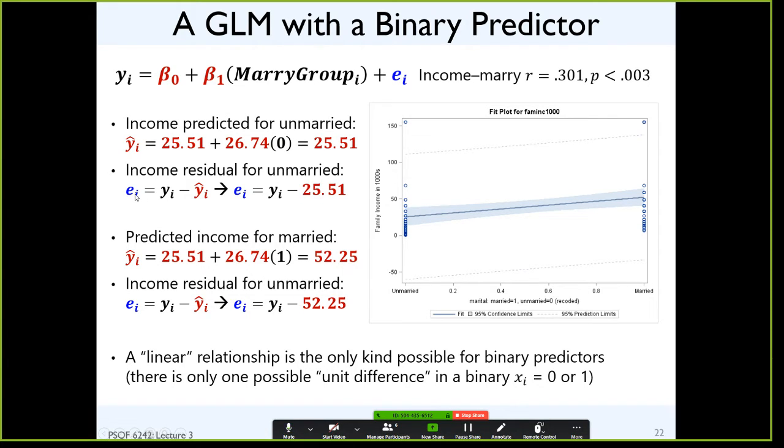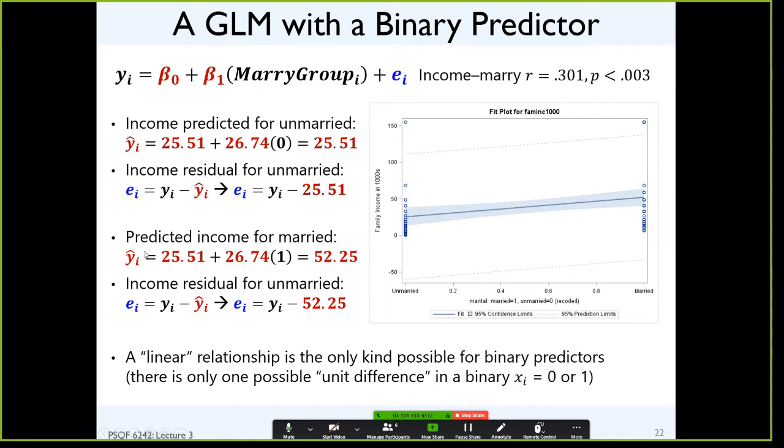So e then, residual, deviation, offness, it's the income you actually had, Y sub i, minus the one that was predicted for you by the model. So any person who has a status of unmarried would have the same formula here for their Y hat, Y sub i minus 25, and then the e would be whatever the difference is remaining relative to the 25 that was predicted for that person.